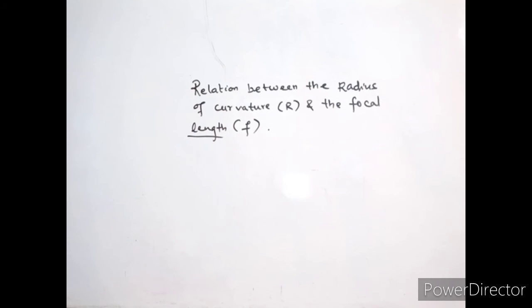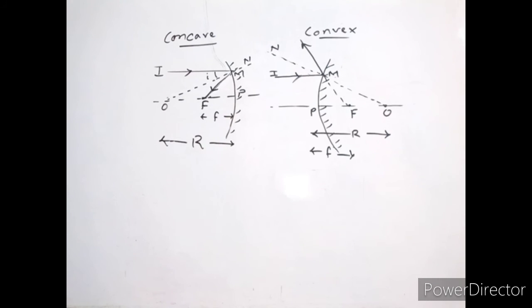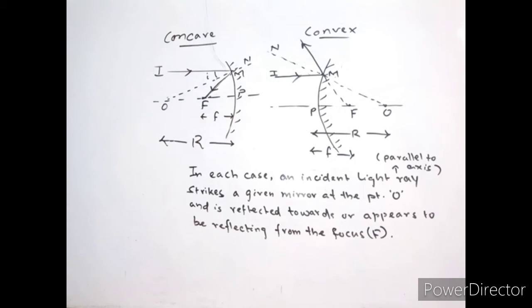Now let us obtain the relation between the radius of curvature and the focal length. For the plane mirror that we considered in the previous case, the focal length is nearly tending to infinity. Here I have considered the same cases of reflection, with the naming. In each case, the incident light ray strikes the given mirror.